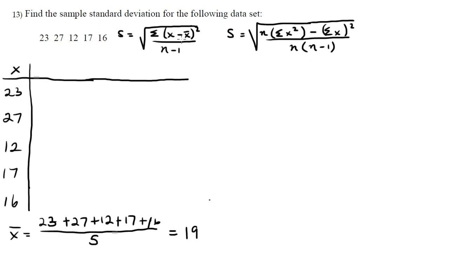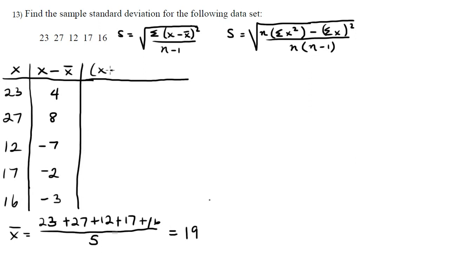So how much do each of these values vary from my mean? Let's check. X minus X bar. So we need to find that. So 23 minus 19 is 4. 27 minus 19 is 8. 12 minus 19, negative 7. 17 minus 19, negative 2. 16 minus 19, negative 3.